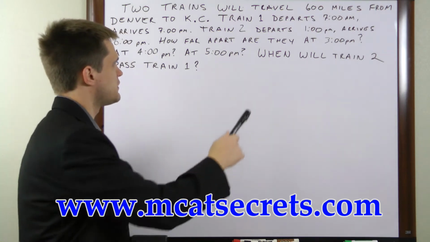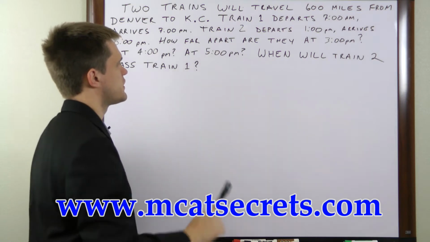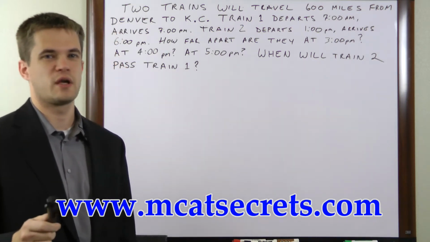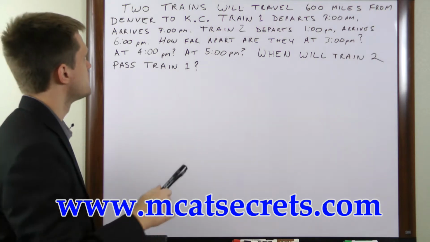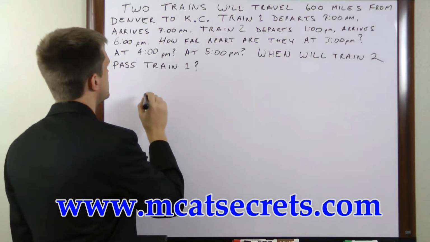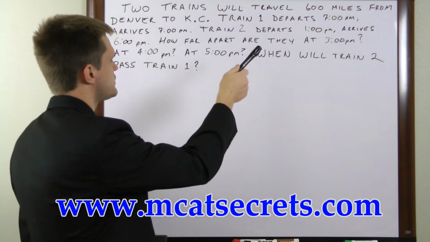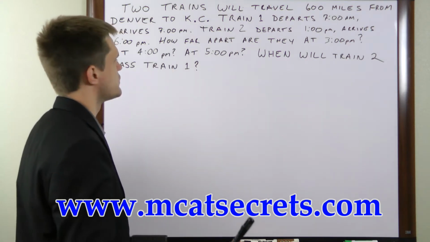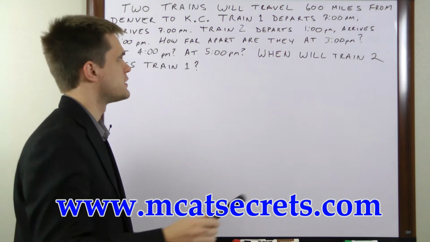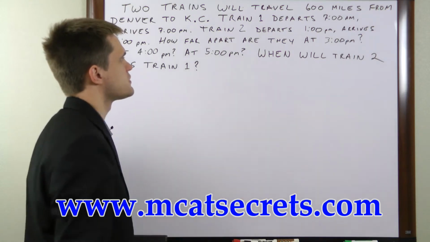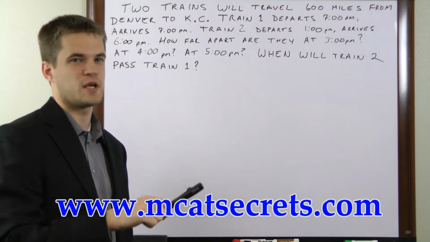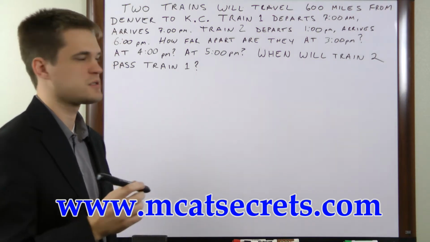So, the first step in figuring out how far apart the trains are is to calculate how fast each train is traveling. So, train 1 departs at 7 a.m., arrives at 7 p.m., which is 12 hours, and it travels 600 miles, so we just need to divide the distance traveled by the time it takes that train to travel that distance.